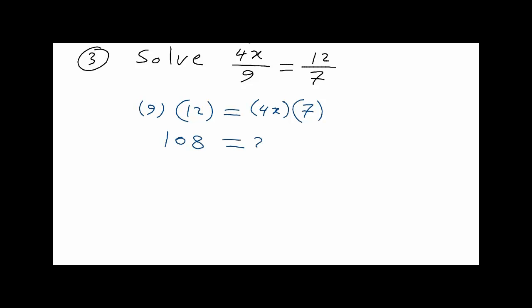From the left hand side, we can say that we have 108 is equal to 28x. To solve this simple equation, divide by 28 on both sides, then you will get that x is equal to 3.86. And this is the solution for this proportion.